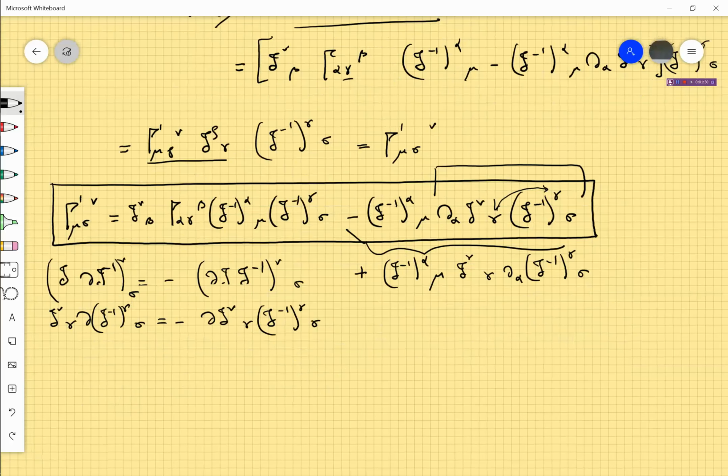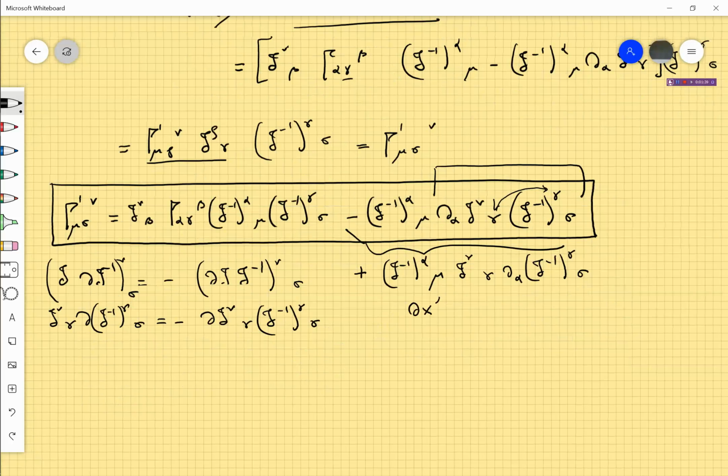The last step in this simplification is to realize that this j minus 1 alpha mu is partial x alpha with respect to y mu, and that in this expression this partial alpha is actually partial x alpha.